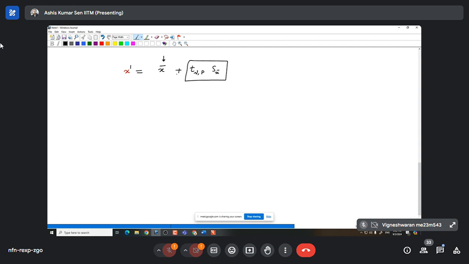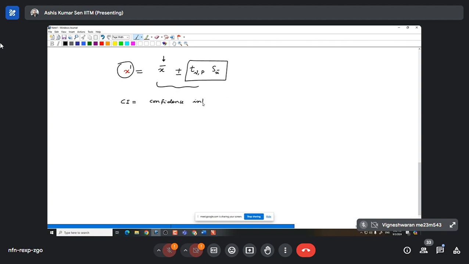And you say that your true mean is expected to lie somewhere within this range, x bar plus minus t into sx bar. This is something we had talked about. Now we define CI, which is known as the confidence interval.